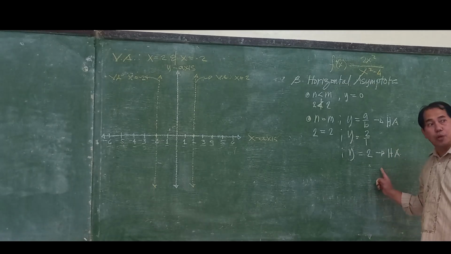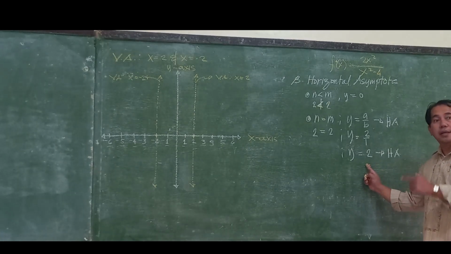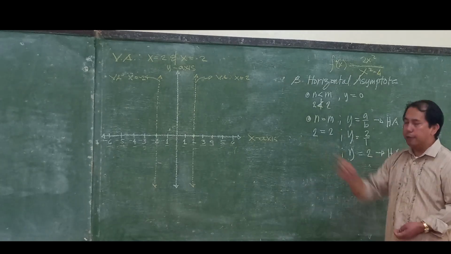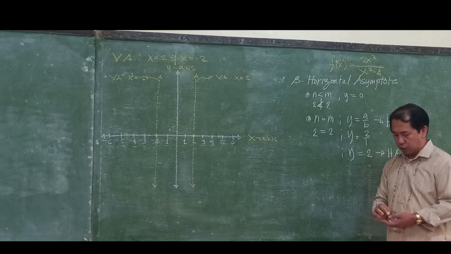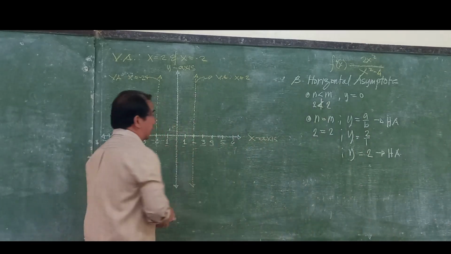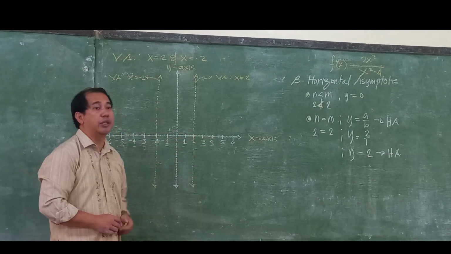Can we locate this one in the graph? Yes. Where is that located? It is located above the point of origin. And so, I'm going now to locate that one on the Cartesian plane. Notice that I did not calibrate this one. We continue now to calibrate because we have already y.